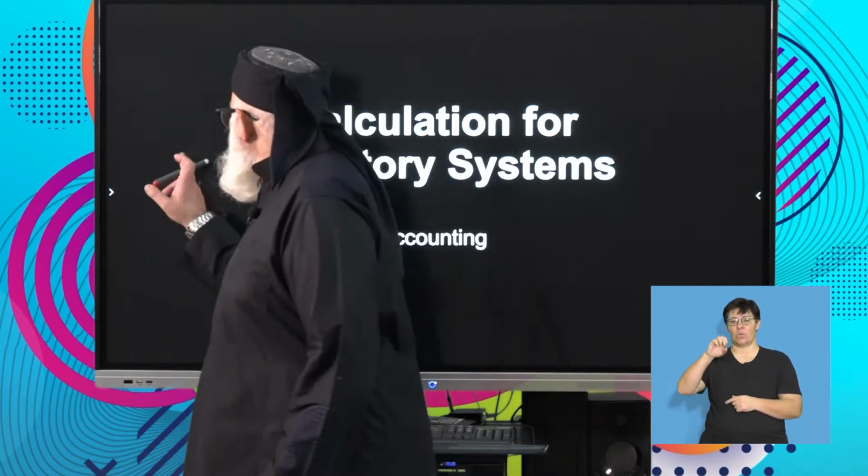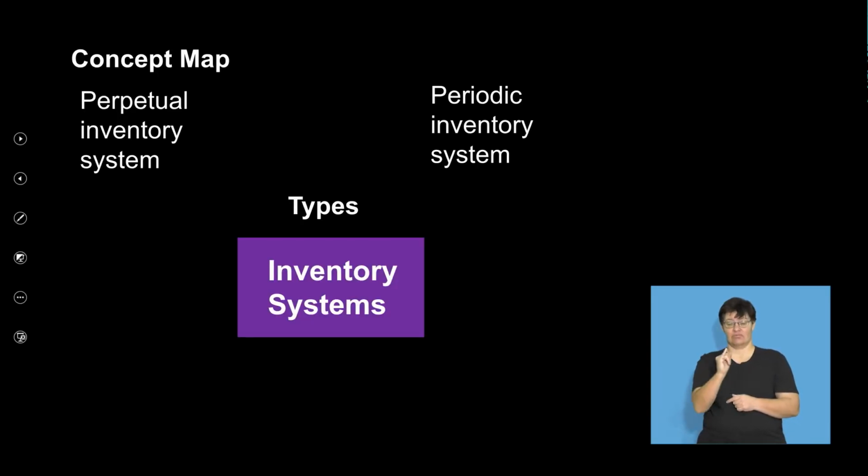All right, so now if we look at our revision again, our recap, what did we say? We said that when you're dealing with the periodic inventory system, the most important component will be your purchases account. Remember that?